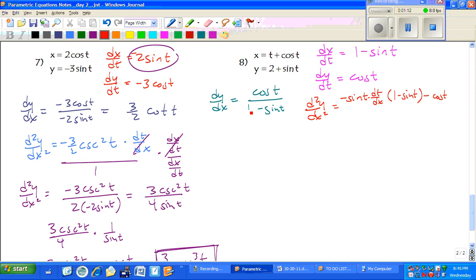So derivative of 1 is 0, derivative of negative sine is negative cosine, and we have to multiply by dt/dx. So we have negative cosine of t times negative cosine of t dt/dx. Sorry, that's a little smushed. All over the denominator squared.